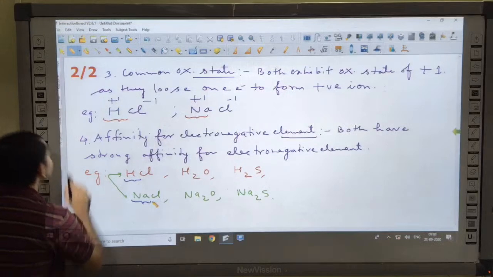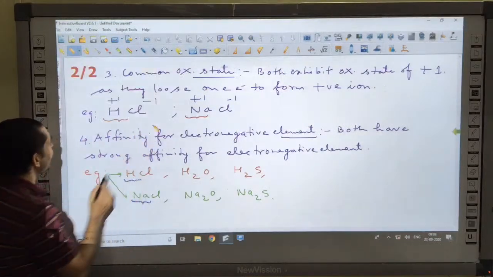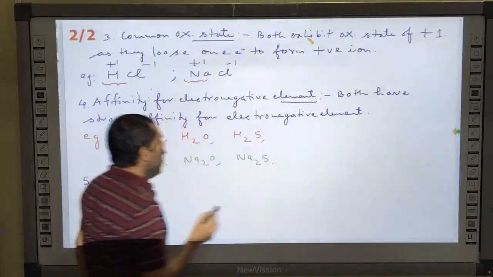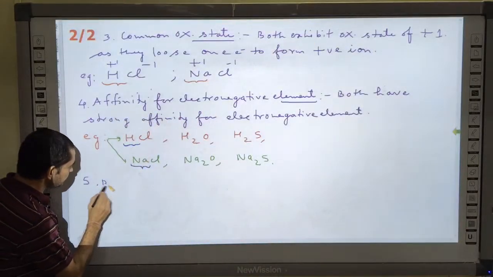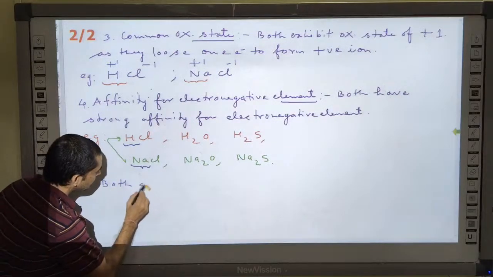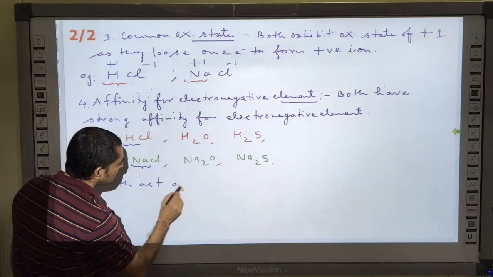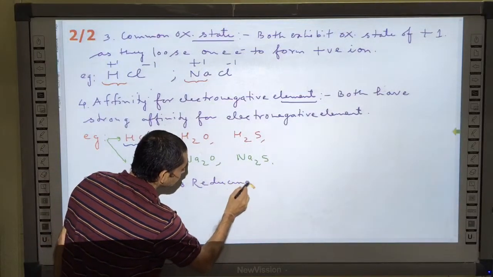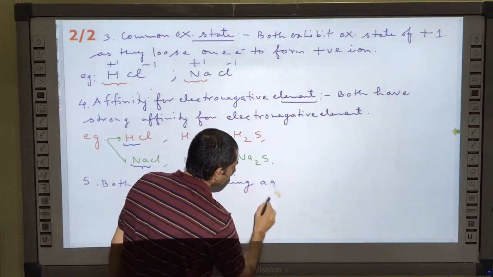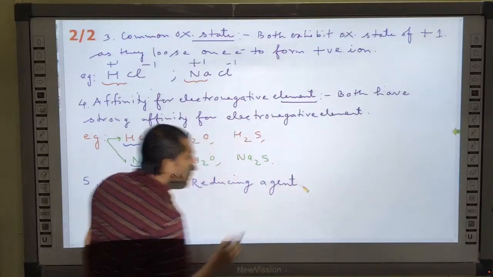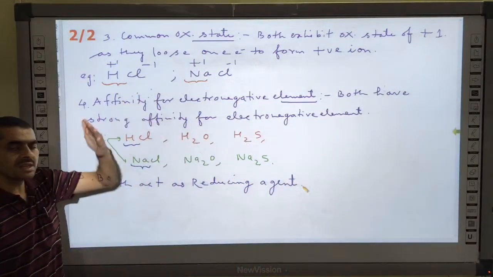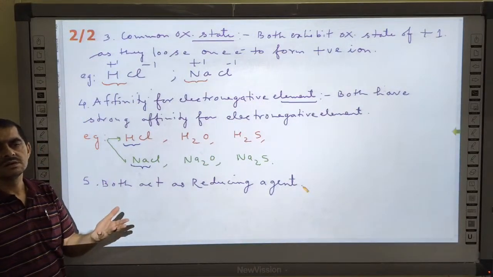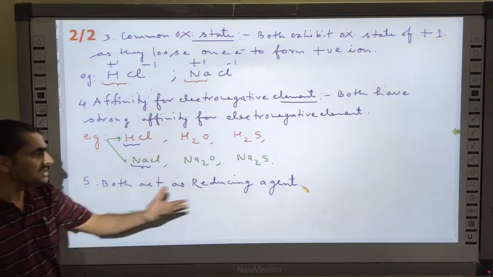Okay. And last, number 5th, both act as reducing agents. We have just written that they have the tendency to lose an electron, and loss of electron represents which agent?